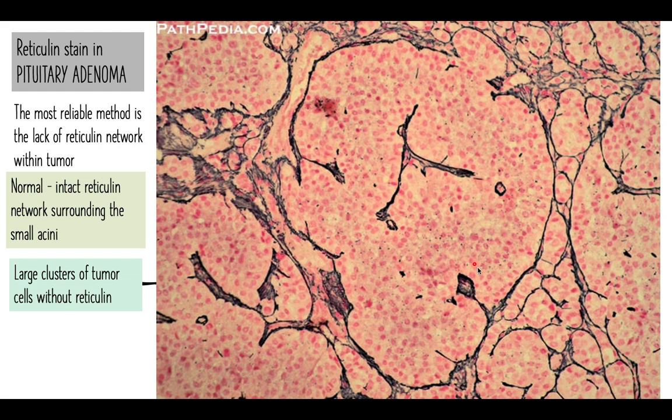When there is a large cluster of cells without reticulin like this, definitely it is adenoma. This feature indicates reticulin breakdown. In hyperplasia, the expansion of the reticulin boundary is less dramatic as compared to adenoma.